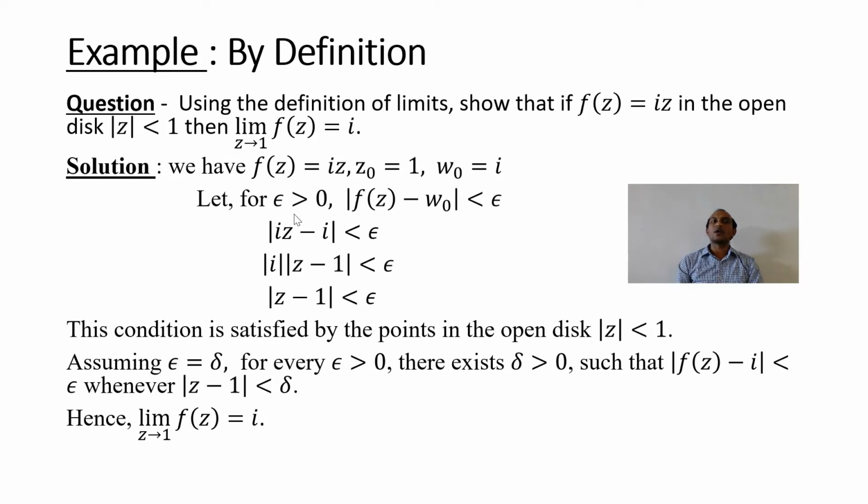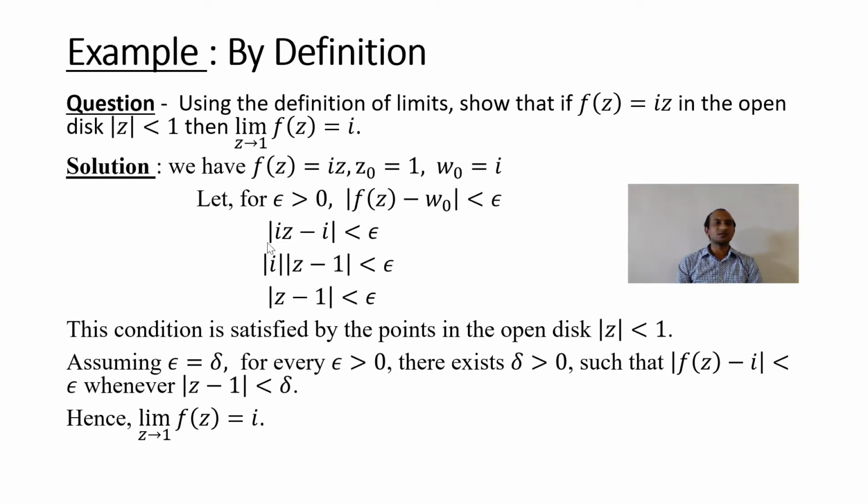Now for epsilon greater than 0, consider epsilon is positive, therefore mod of f of z minus w0 less than epsilon. Now put w0 and f of z, so iz minus i.